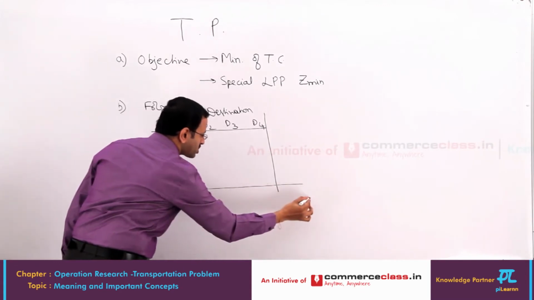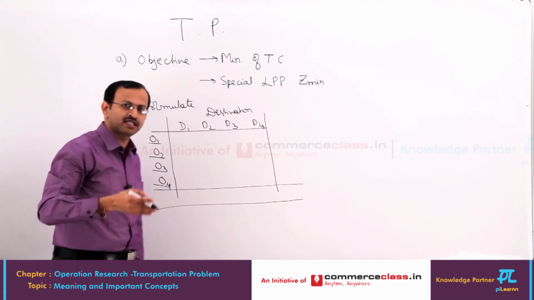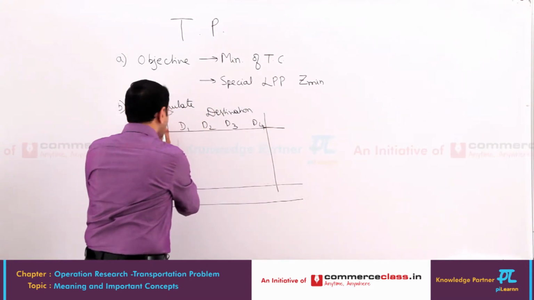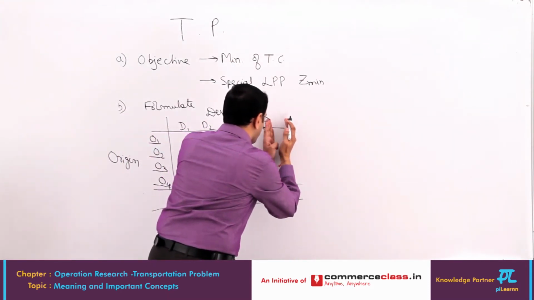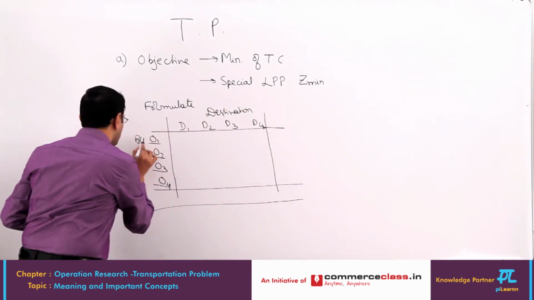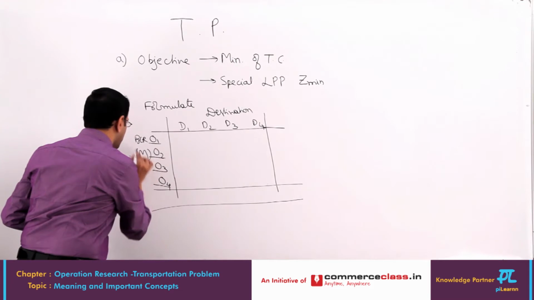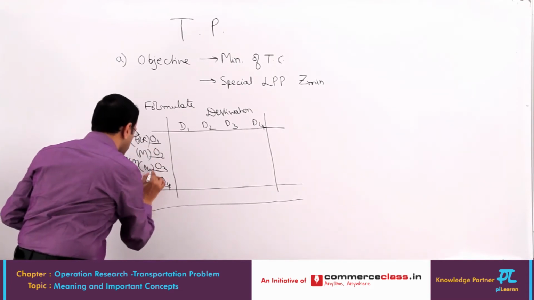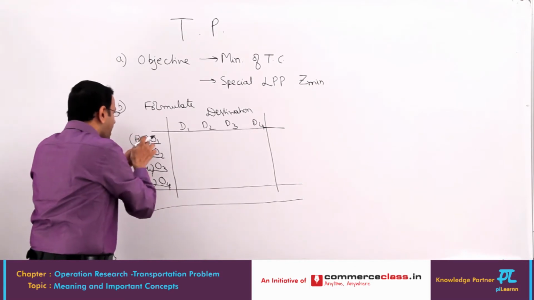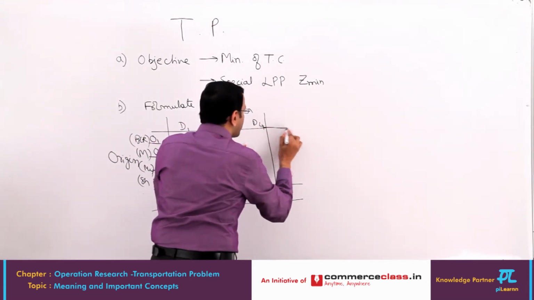How much goods are manufactured in kgs, quintals, tons, in factory O1, origin 1, say Bangalore, and likewise Mangalore, Mysore, Shimoga? In these 4 places, how much is available?